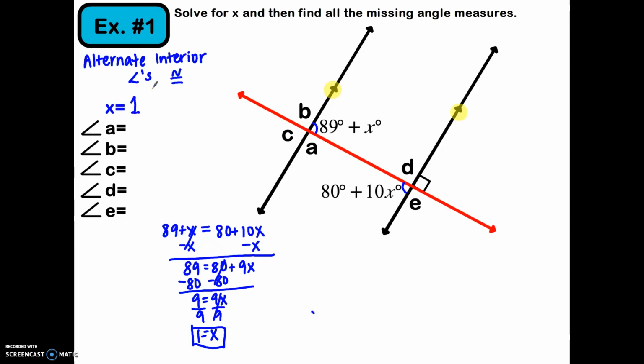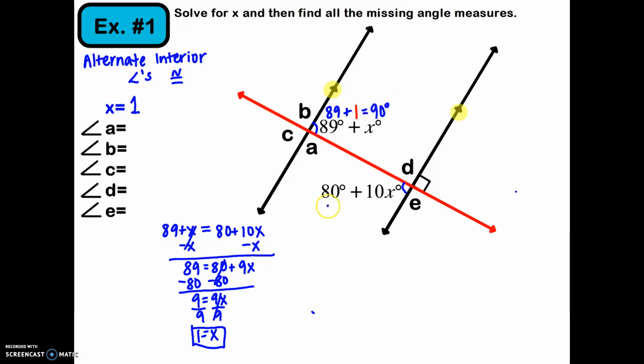So I figured out what x equals, and I'm going to write that down, but I did not yet calculate what the angle measures are. I need to actually substitute that x value back into those angle measures to find the exact angle measure. So I really have 89 plus x, which is 89 plus 1, and that equals 90 degrees.